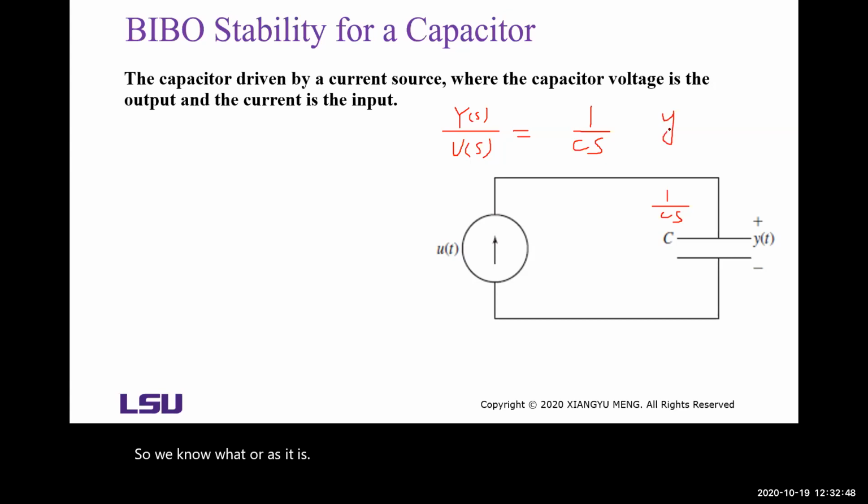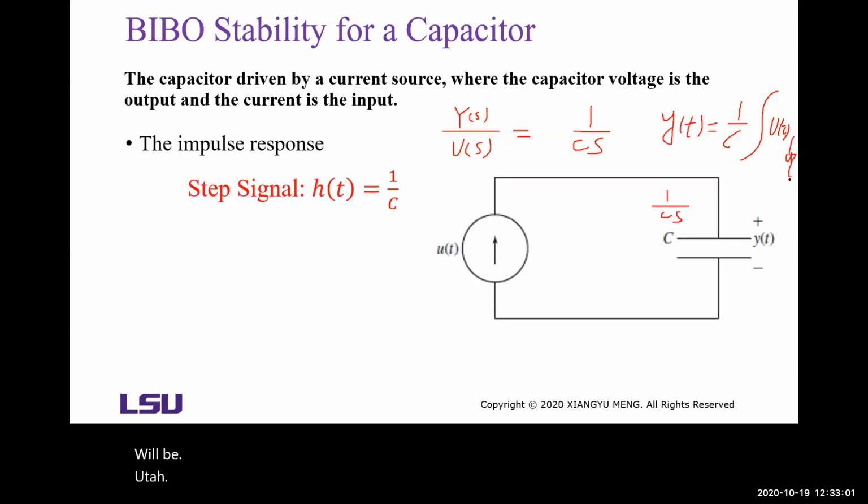So y(t) will be the integral of u(tau) d tau.